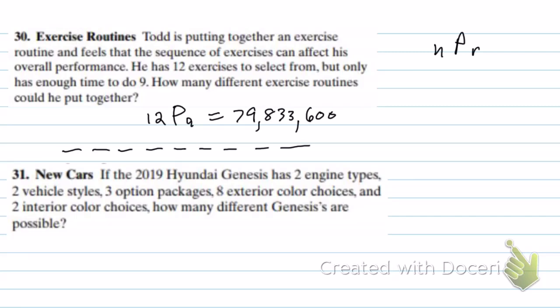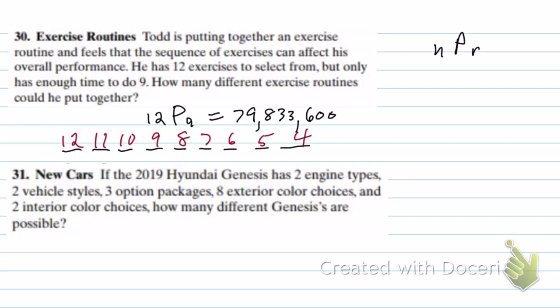Let's do this. I put 9 blanks down here. 1, 2, 3, 4, 5, 6, 7, 8, 9. For his exercise routine, how many choices do we have for the first exercise? Once that one's chosen, how many for the next one? And then 10, and then 9, 8, 7, 6, 5, 4.